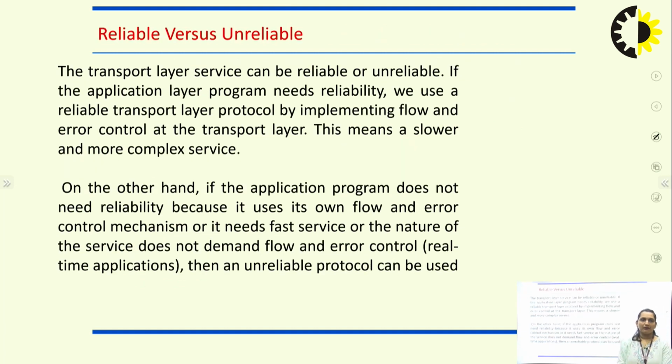Reliable and unreliable. If we have a connection oriented approach, we establish a connection, then send data, and then release the connection. So there is a probability that the data is reliable. While sending data, we get confirmation that data is received or not, delayed or not, retransmitted or not, lost or not.